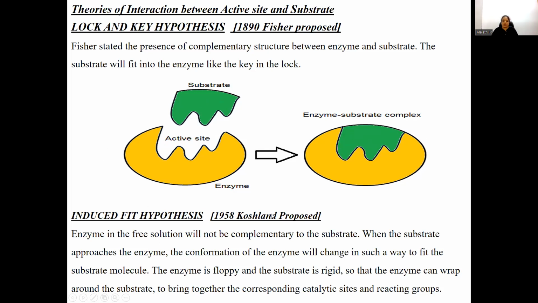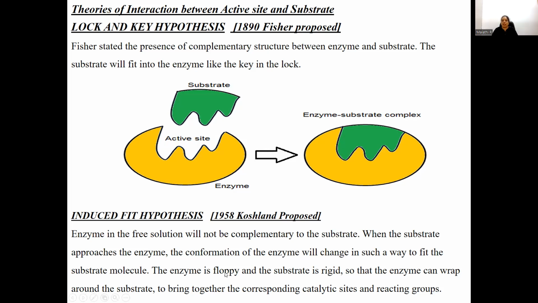In the induced fit hypothesis, proposed by Koshland in 1958, the free enzyme is present in the solution and the substrate approaches the enzyme. The substrate is rigid in nature, while the enzyme is floppy. The enzyme will go and bind around the substrate according to the substrate's complementary structure.